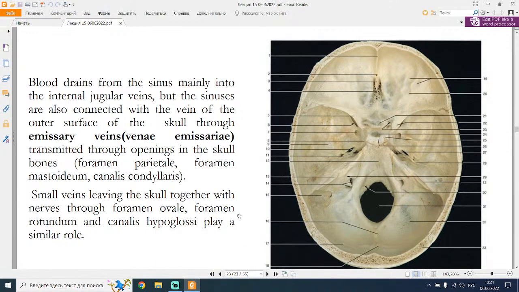Small veins leaving the skull together with nerves through the foramen ovale, foramen rotundum, and canalis hypoglossus play a similar role.